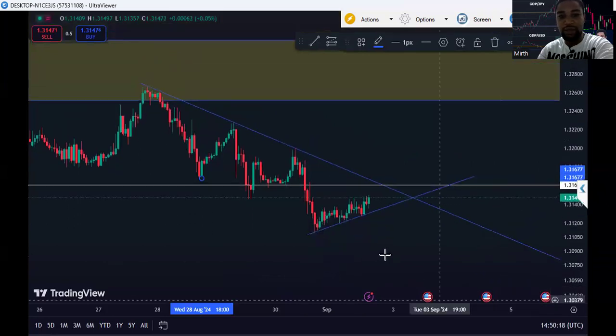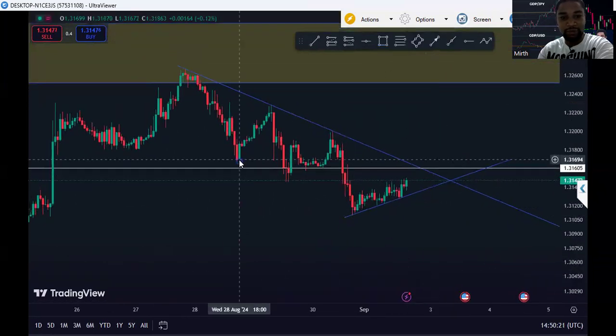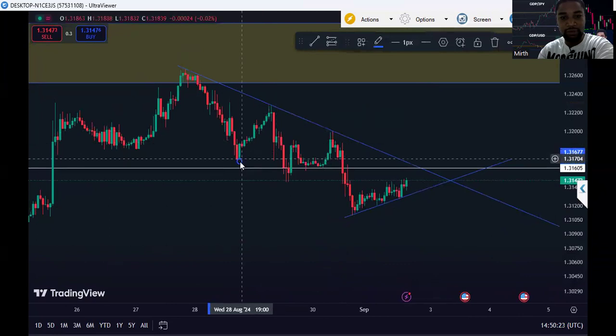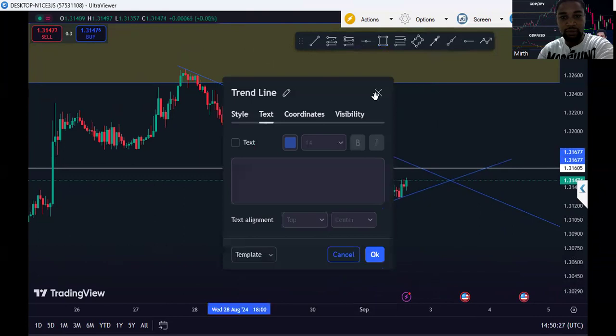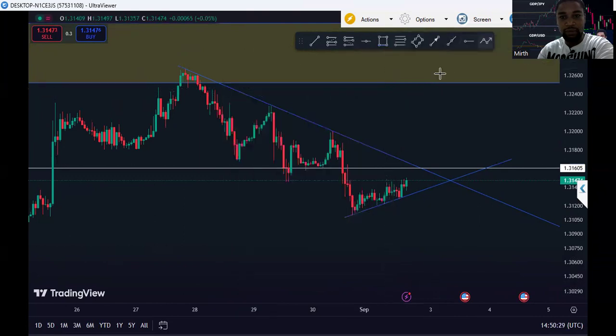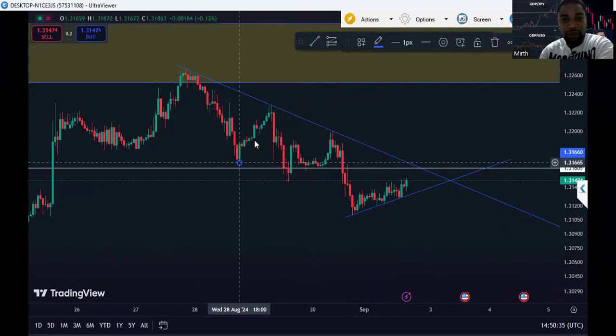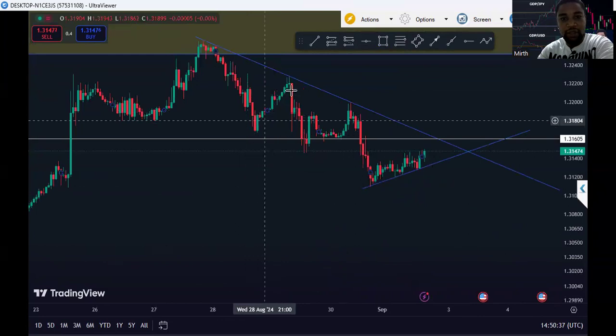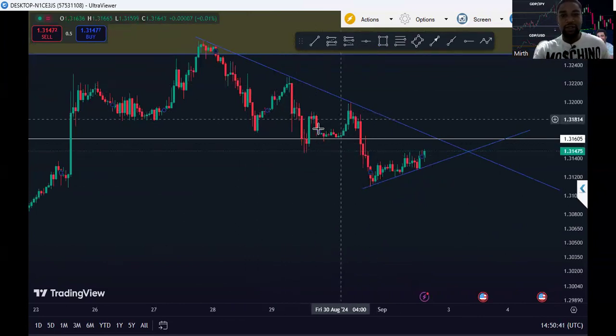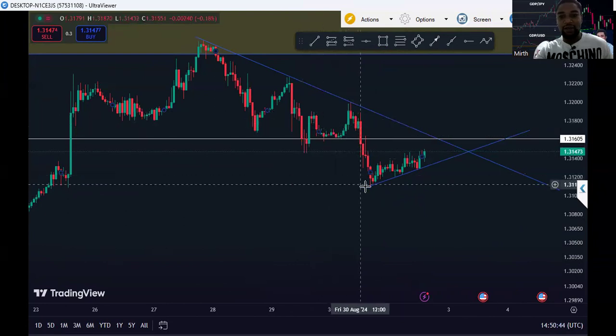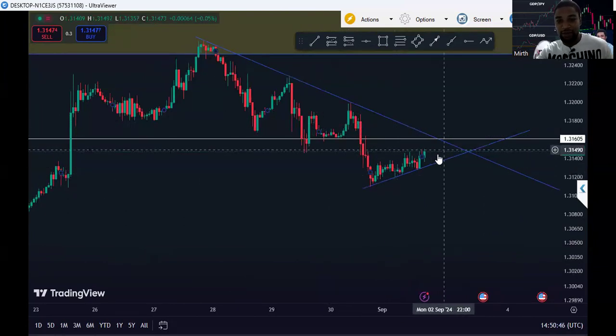This consolidation is kind of similar to this consolidation. And this consolidation is kind of similar to this consolidation.